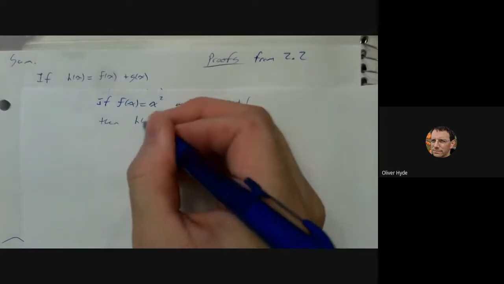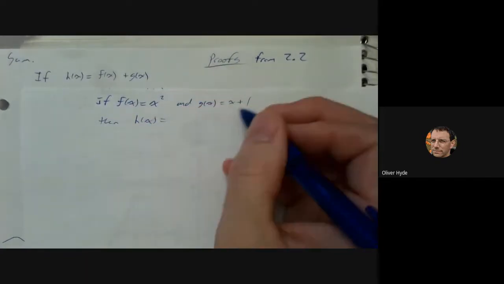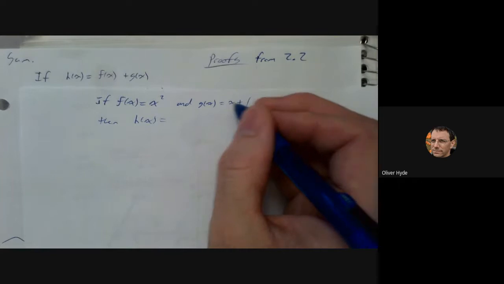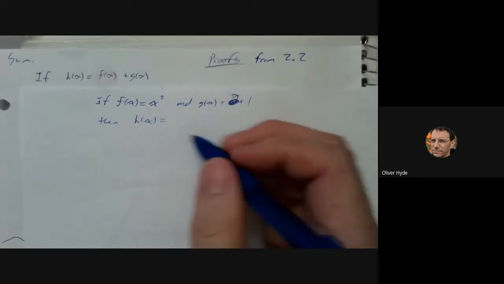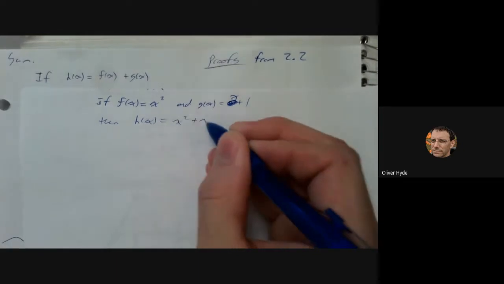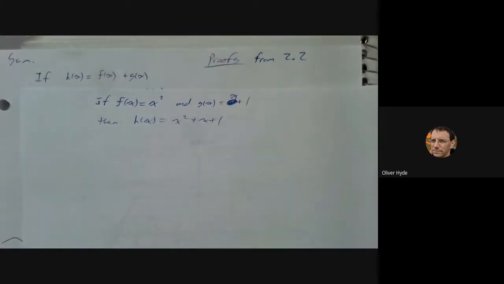Then h of x is going to be a quadratic. It's a horizontally translated and vertically translated quadratic.